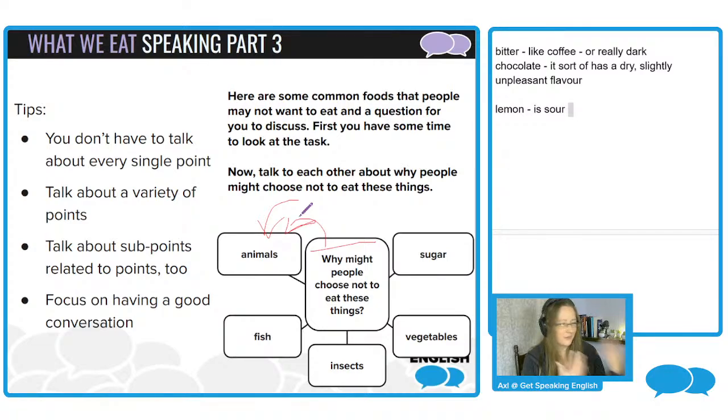And then, why don't people eat animals traditionally kept as pets as well? There are lots of different ways you could take the conversation. Just as long as you stay on topic, as long as you are discussing the question and keeping to the points, you just have to have a conversation for 2 minutes.